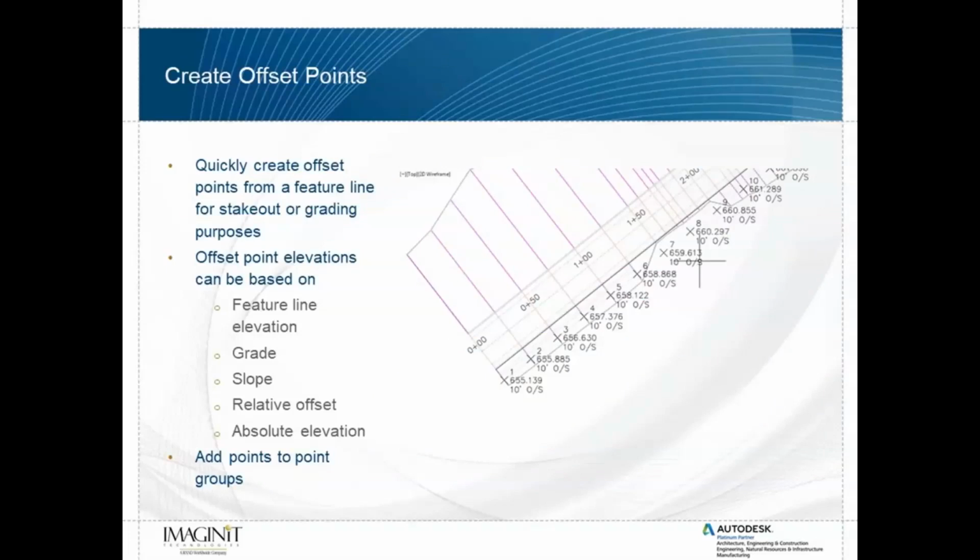So that's what this utility does. It provides a pretty simple and straightforward interface. Pick the feature line, give it offset information, tell it how you want to calculate elevations, and the routine will go through and just kind of systematically blast through and generate the offset points.